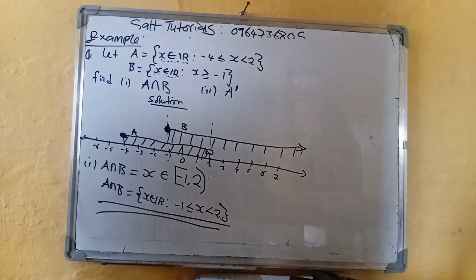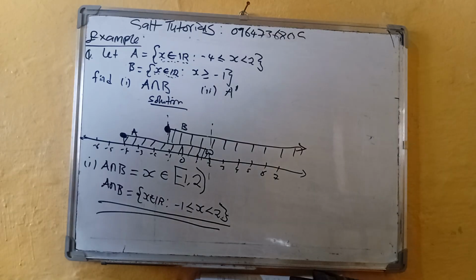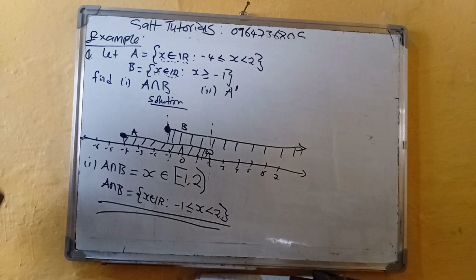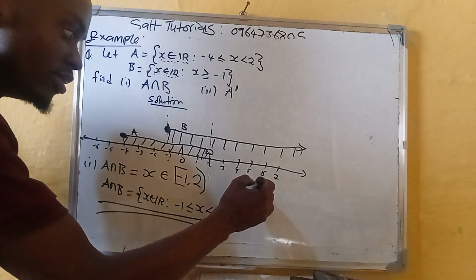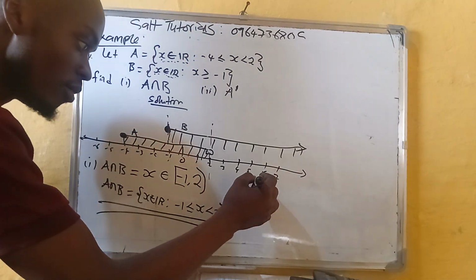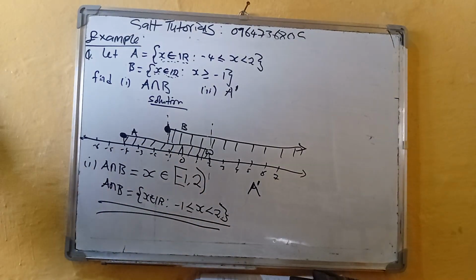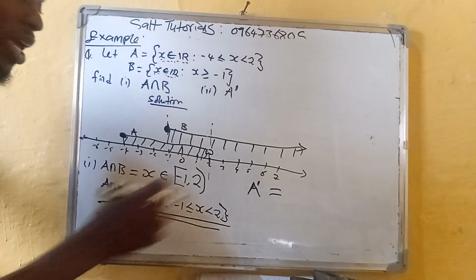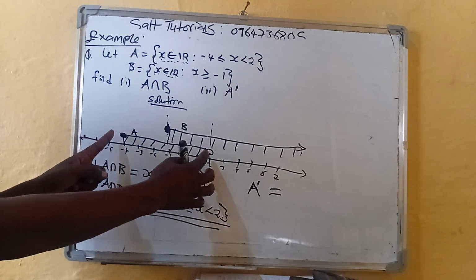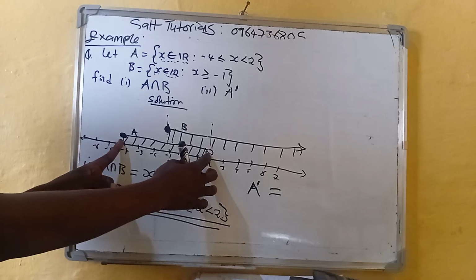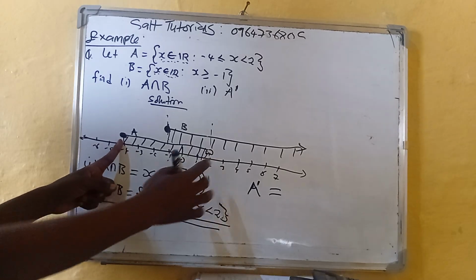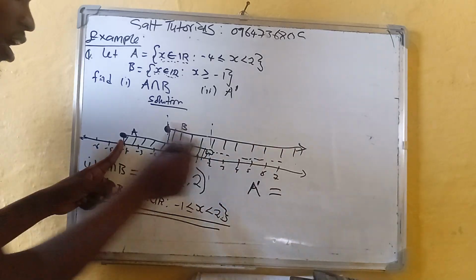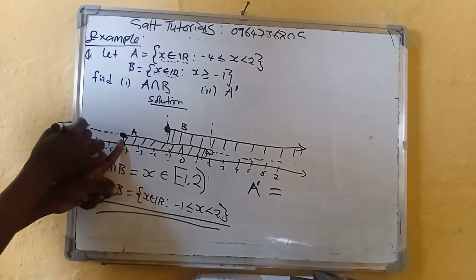From there I can now find the complement. So how do I find the complement now? A complement is simply locating elements not belonging to A. So if this portion is my A, I'm looking for something outside A. Something outside A is from here going in that direction and from here going in that direction.